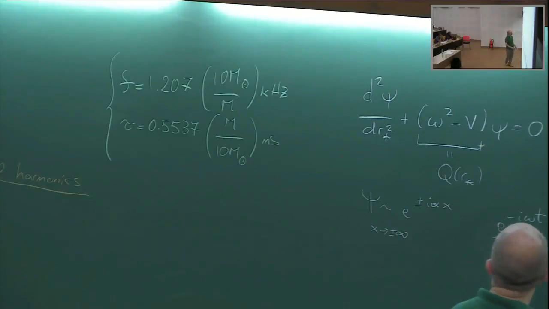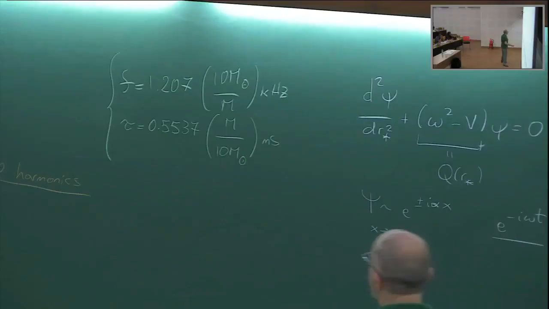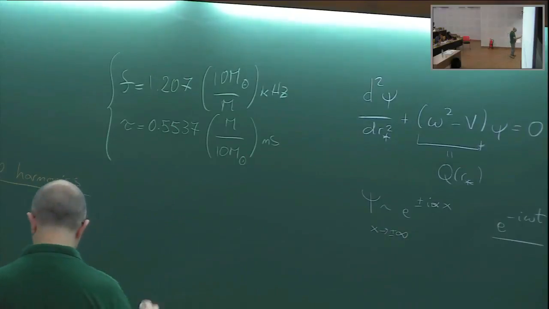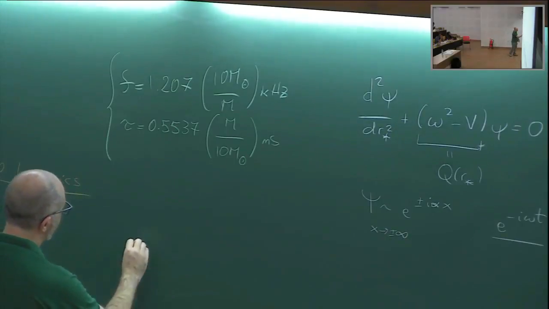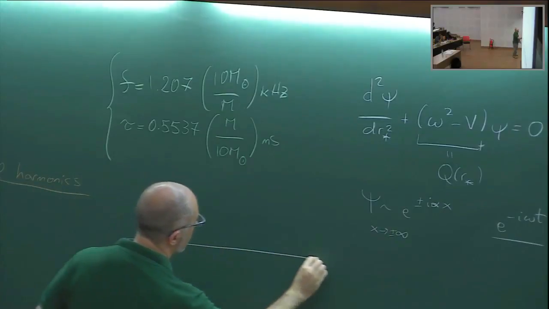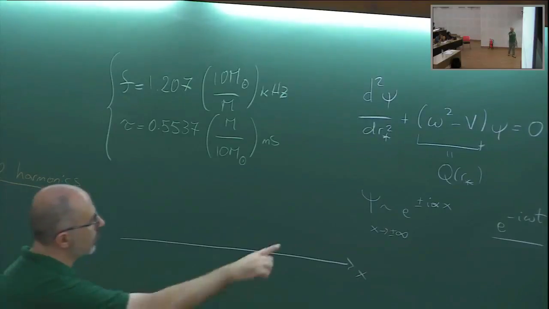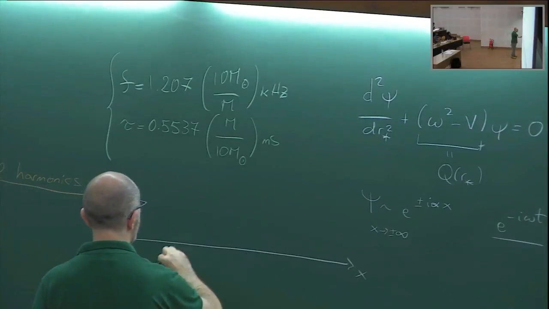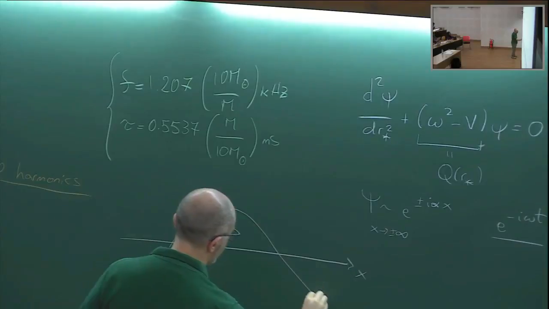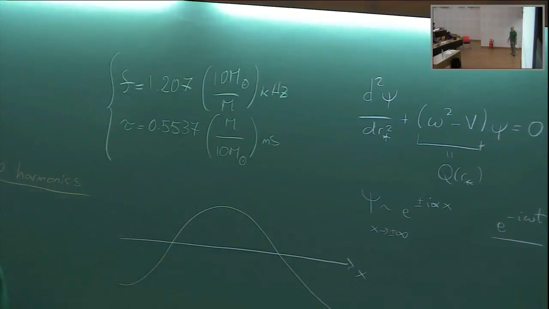So the idea of the WKB approximation is that you can consider this problem defined on the real line, and you can take the function Q. We have seen yesterday that this function Q has a local maximum and then it goes to 0 at plus minus infinity.